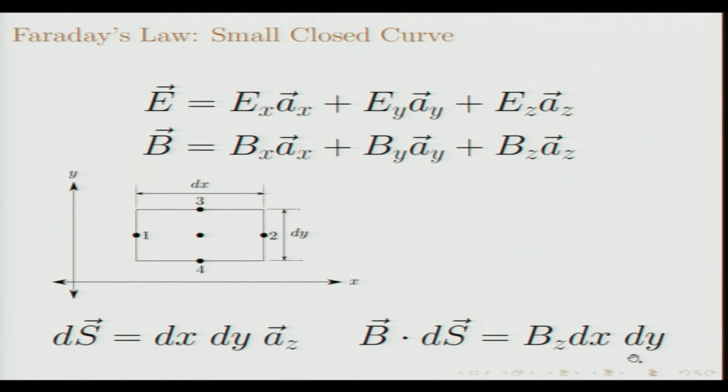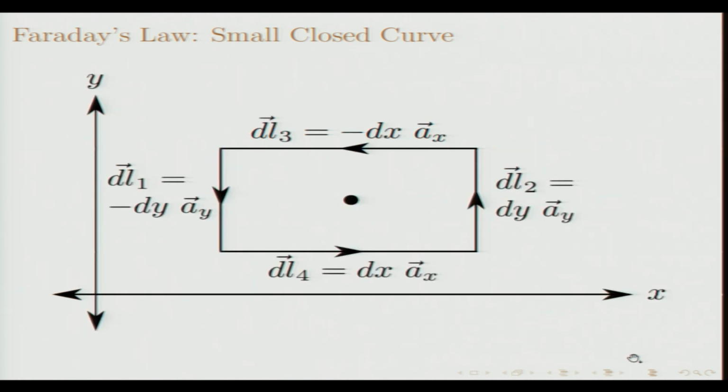Now, we will go to the next slide. What we will see is the same curve, slightly blown up, with the elemental lengths dl for each side of this curve shown here.